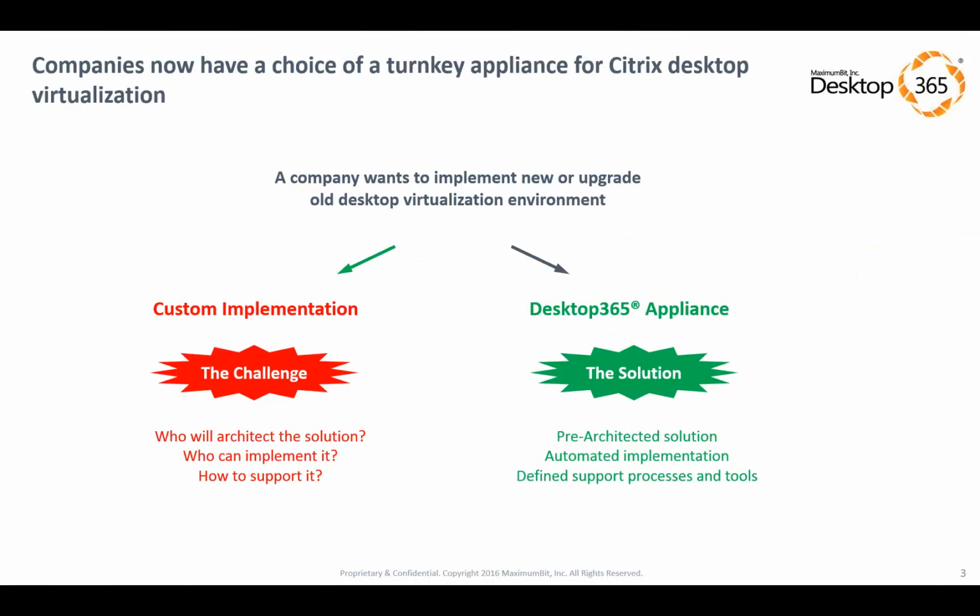Obviously this may not be for every customer. Some customers are heavily involved in architecture decisions, and they may come to you as their IT service provider and say, I just need you to come in and install Citrix. This is my hardware, this is my software licensing, go do it.